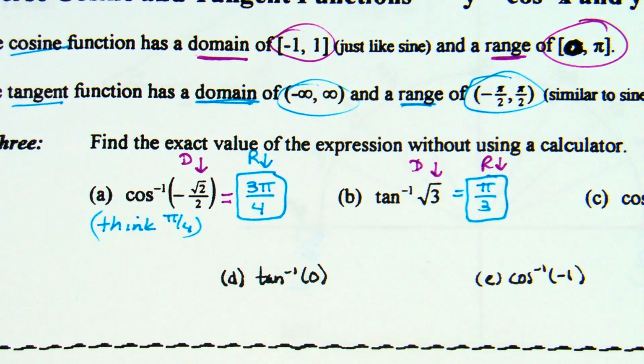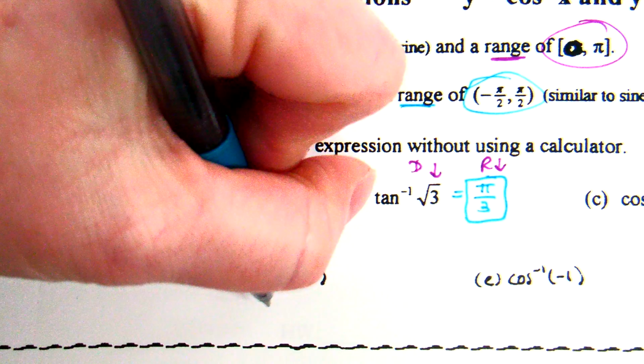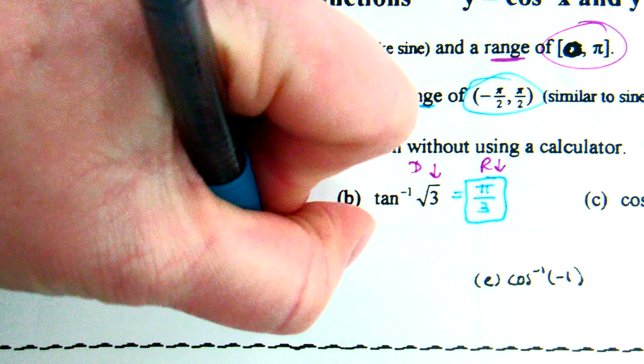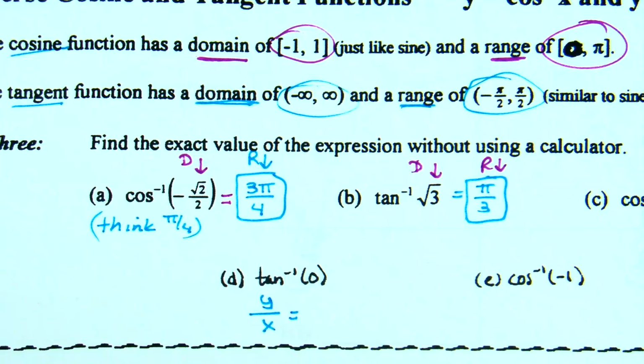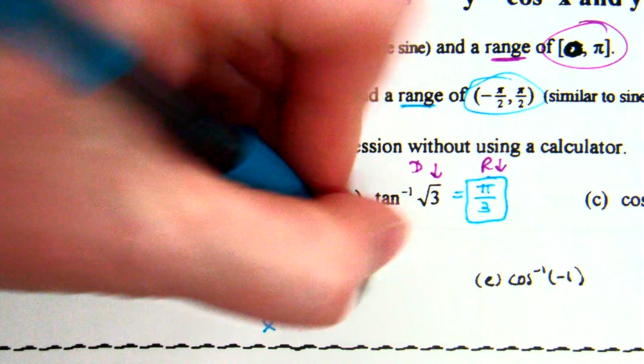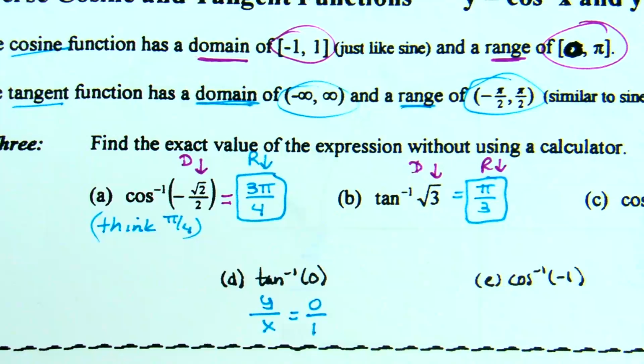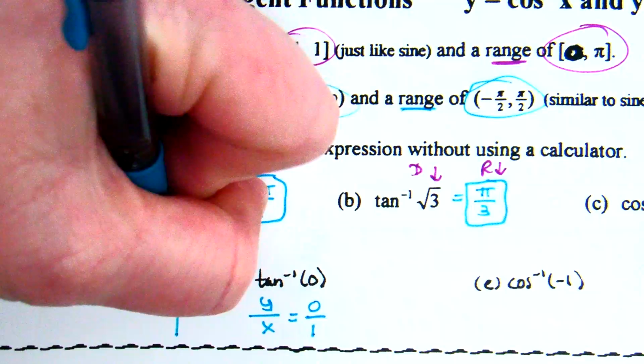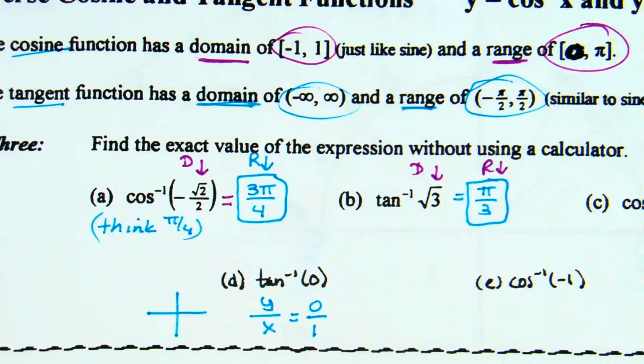What do you know about tangent? I just said tangent is what is a fraction? Y divided by x, yes? And right here, 0. So what's that mean? Y is 0. So where on your unit circle is y 0?